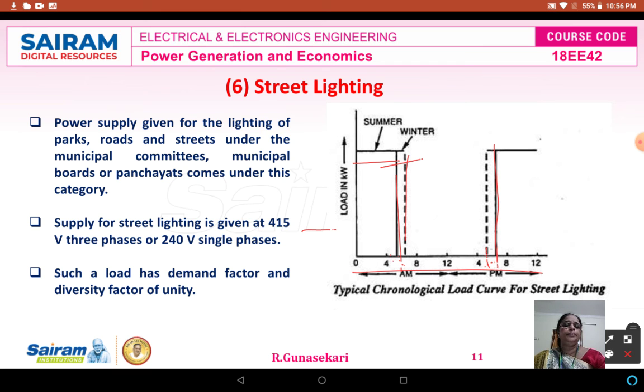After 6 p.m. the summer load is constant, and after 5 p.m. the winter load is constant.